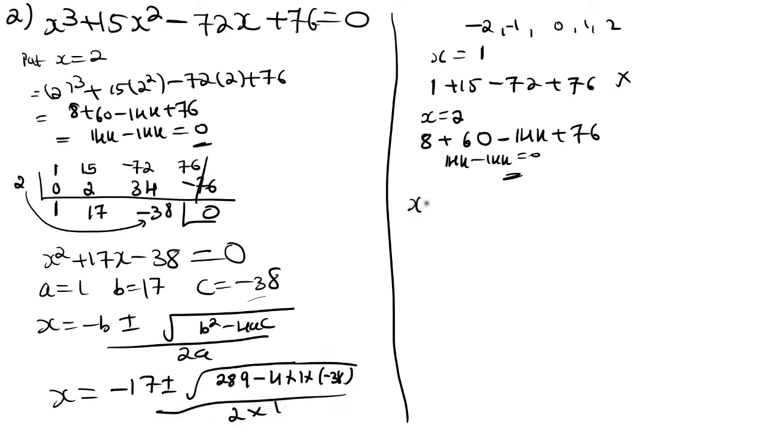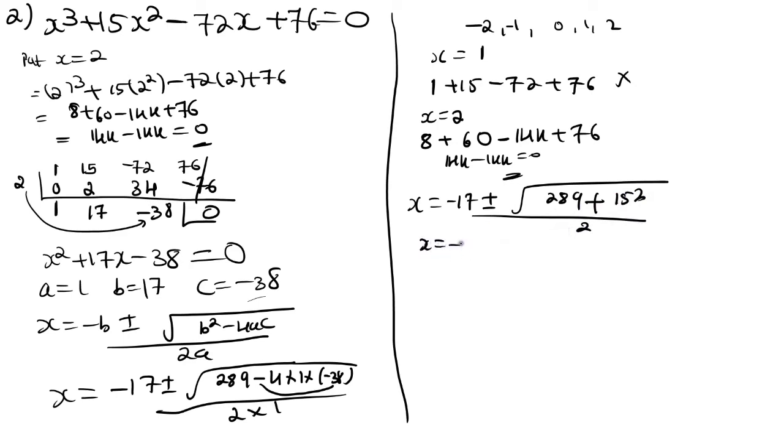So x value is equal to minus 17 plus or minus square root of 289. See, minus into minus, that is plus 38 into 4. Okay, 38 into 4, calculate this one, 152 divided by 2. So x value is equal to minus 17 plus or minus square root of 289 plus 152.